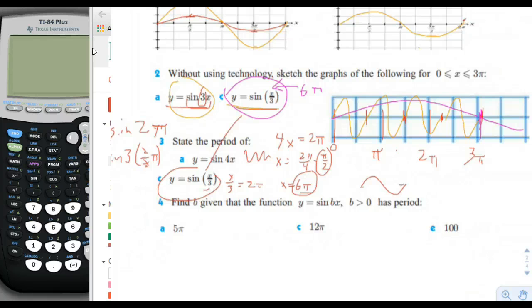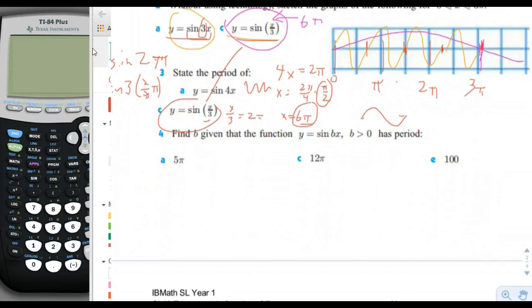All right. Number 4, find b given that the function y equals sine bx, with b greater than 0, has period 5 pi, 12 pi, or 100. Okay, we're going to set bx equal to 2 pi because that's one full period.